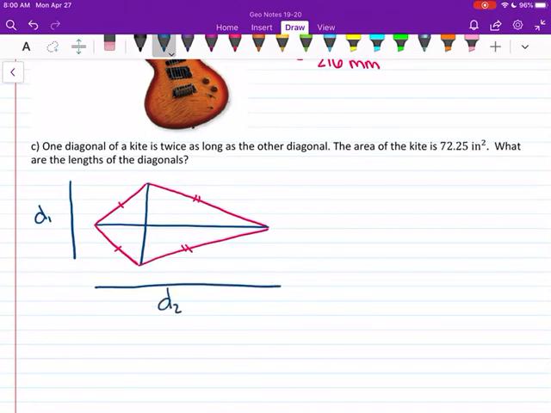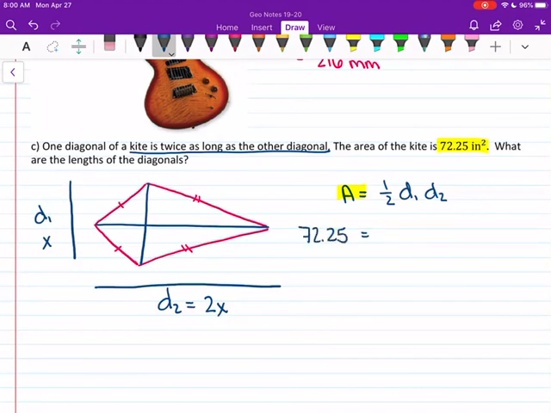Let's call diagonal 1 x. And then one diagonal is twice as long as the other diagonal, so that means diagonal 2 will be 2x. Okay, so the area of a kite, remember, is 1/2 diagonal 1 times diagonal 2. And if I plug in all of the pieces, we can plug in the 72.25 for the area.